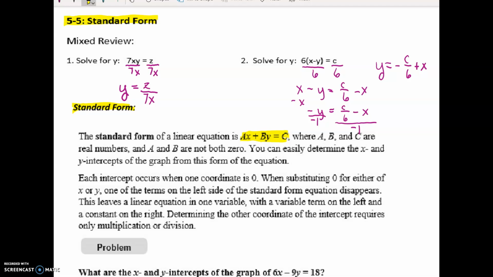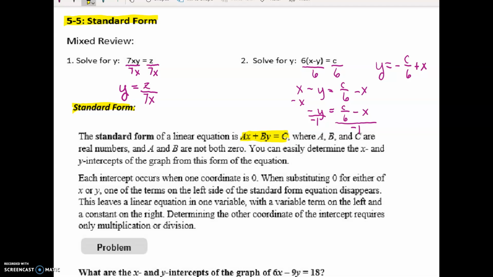You can easily determine the x and y intercepts when an equation is in this form. Each intercept occurs when one coordinate is 0. So when you substitute 0 for either x or y, one of the terms will drop out of standard form, and this leaves you an equation in one variable.